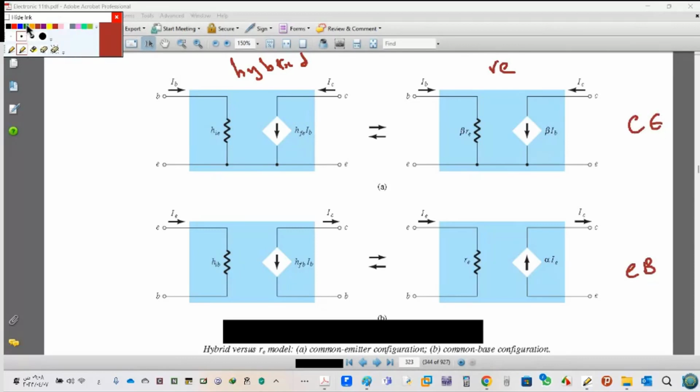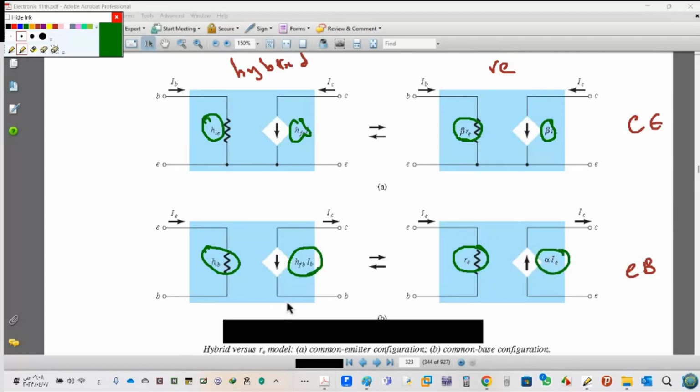Now focus on the number: HIE is beta RE. IB with IB, so HFE, see this, HFE is beta. Same thing here. HIB is RE, IE, HFB, IB, IE.